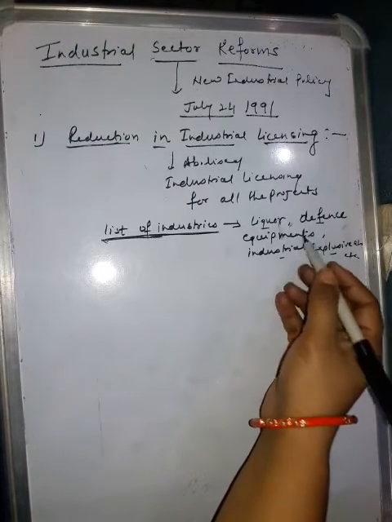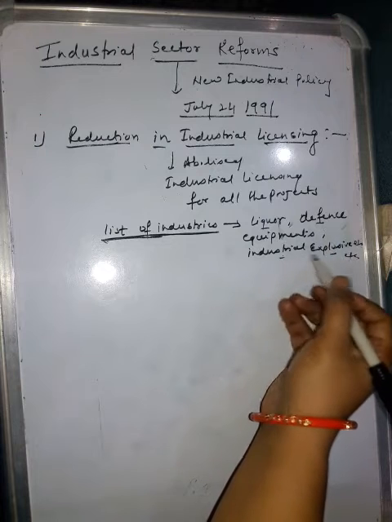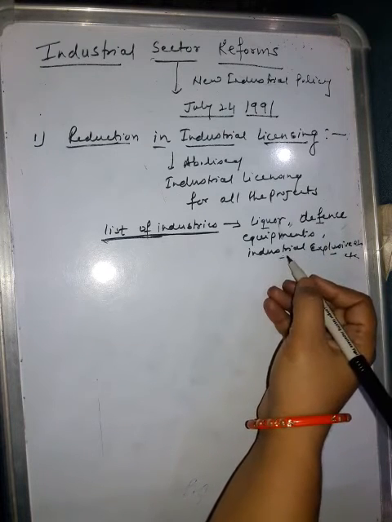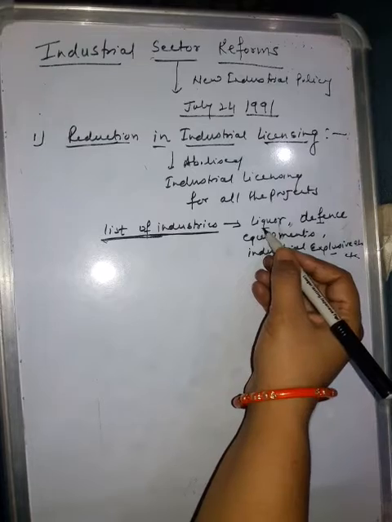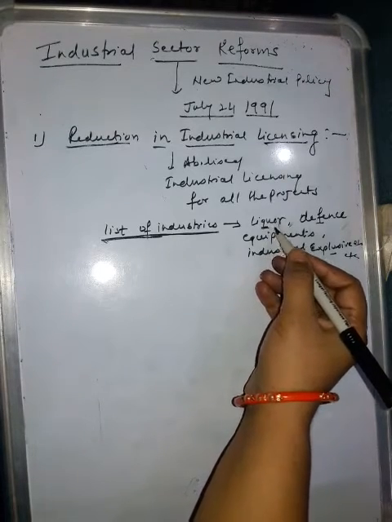Defense equipment is related to the safety and security of the country. Industrial explosive is also related to safety and security. Liquor is of course related to social safety and security.